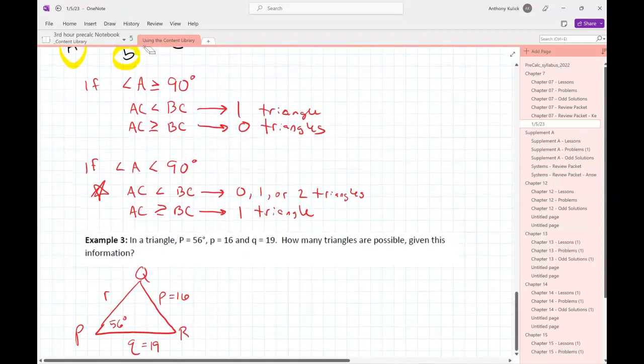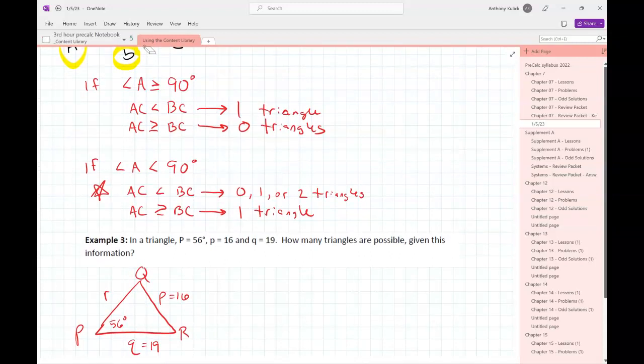I messed this up. What did I do here? Hold on a second. Let me pick a different color.